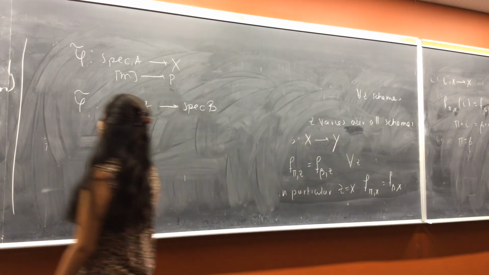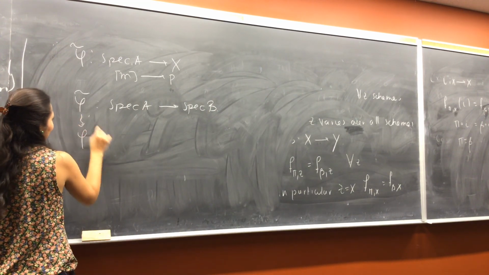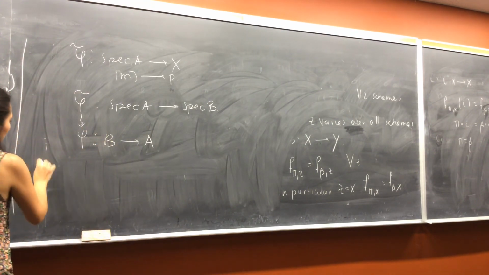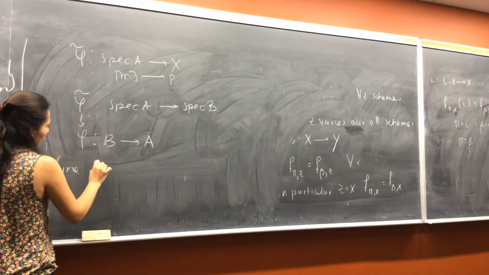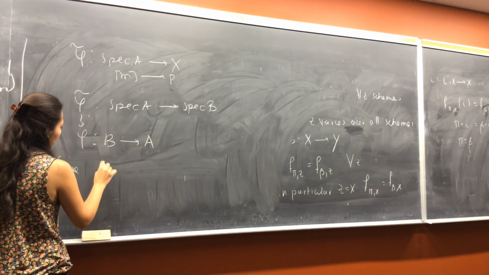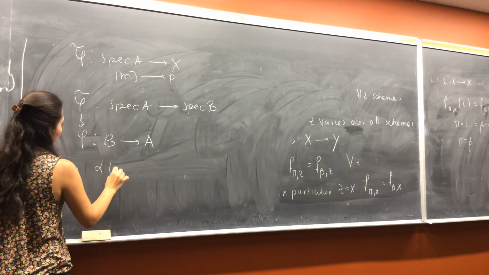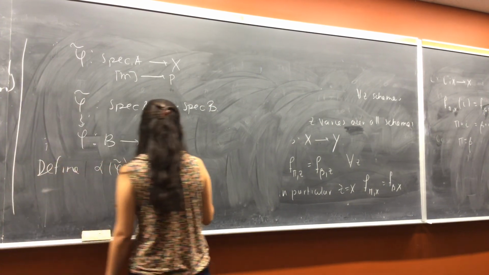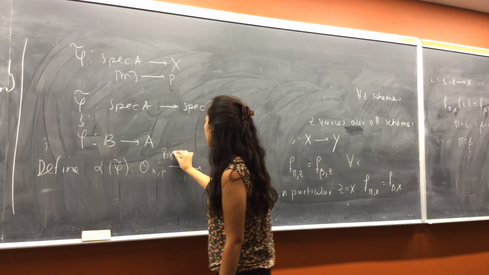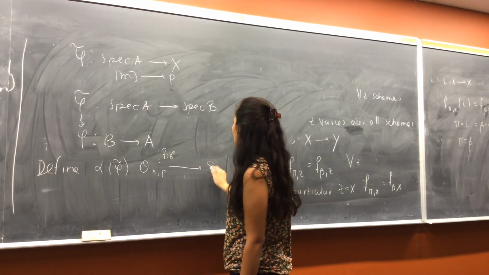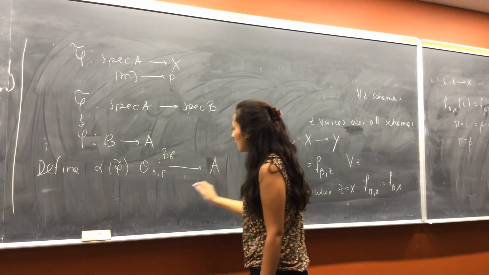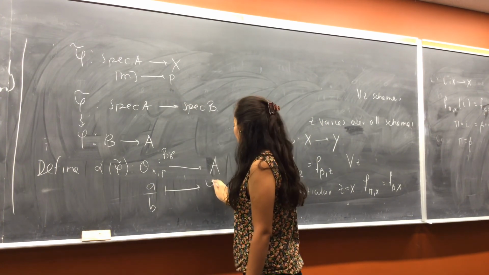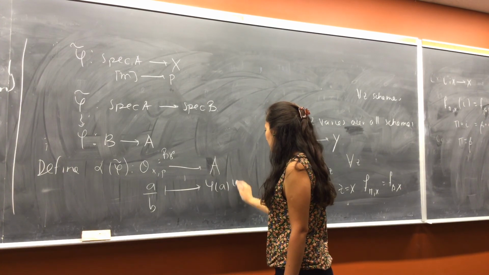And this is good because then we just think in rings. So we have from B to A this map phi. So define the map alpha from O_{X,P}, which in this case is just B localized at P, to A, the map that takes a fraction a over b and sends it to phi(a) phi(b) inverse.